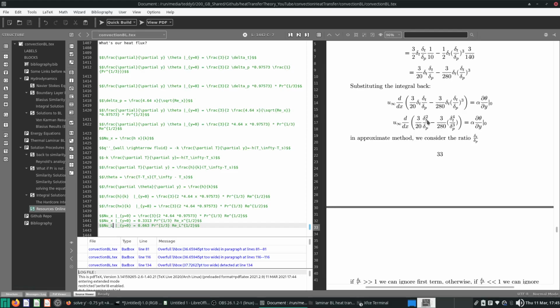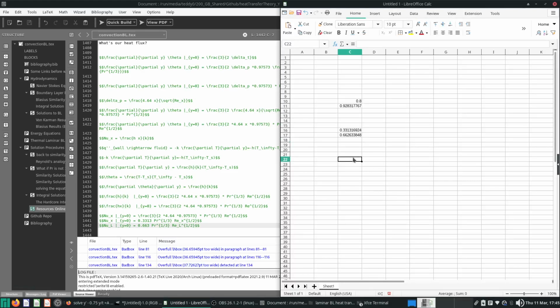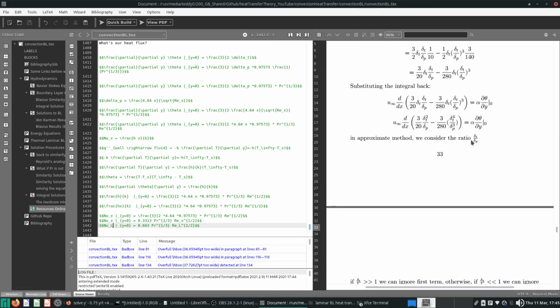Let's say your delta_T and delta_P are of the same order of magnitude. So 3 over 20 minus 3 over 280. Let's try that. It's not that big at all.